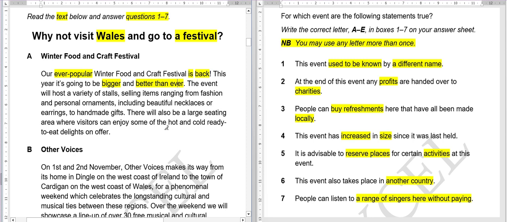The event will host a variety of stalls selling items ranging from fashion and personal ornaments, including beautiful necklaces or earrings, to handmade gifts. So they're selling a range of fashionable and personal ornaments, beautiful necklaces, earrings, and handmade gifts.